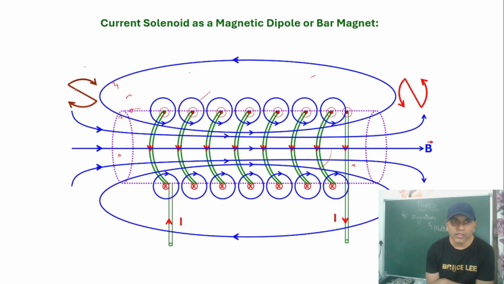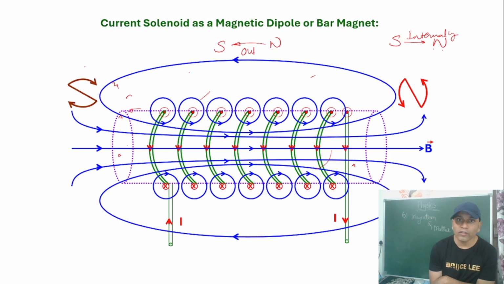Internally it is directed south to north, but outside you can see it is directed north to south.